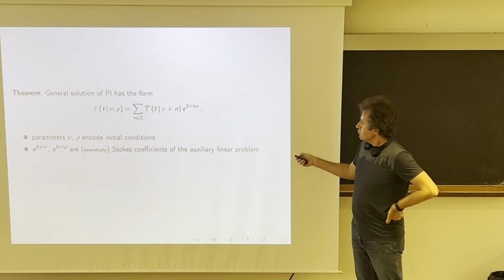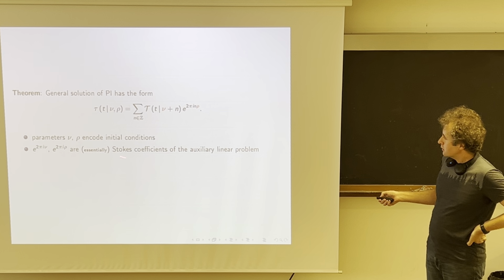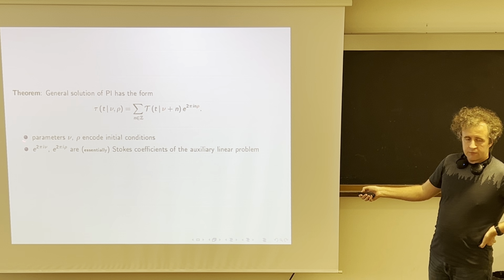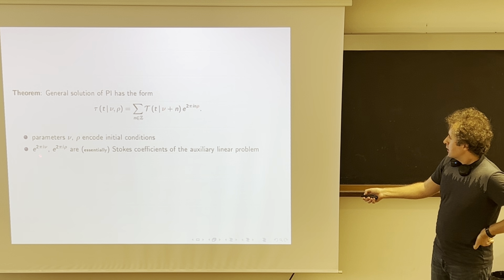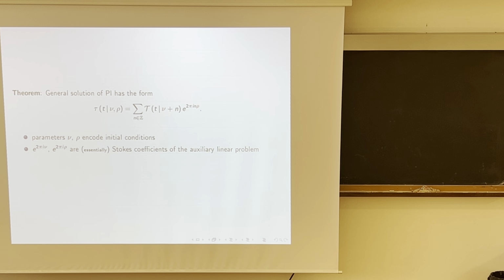And so this nu and rho are very simply related, up to some factors of i and so on, to Stokes coefficients of this auxiliary linear problem that I have shown.